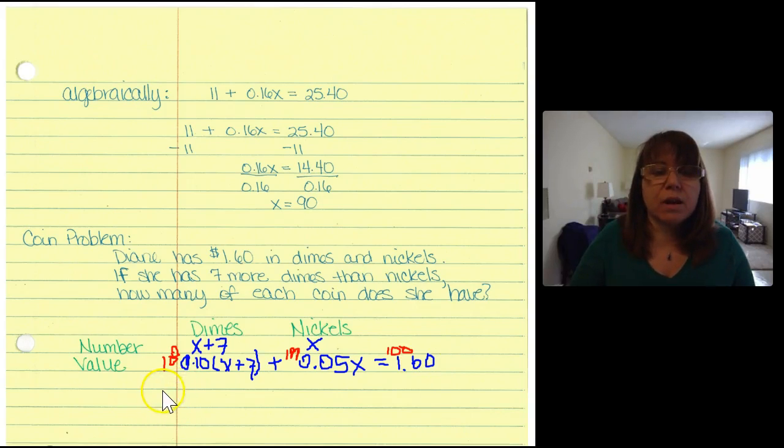So I have now 10 times X plus 7 plus 5 times X, oh, that was a really bad X, sorry about that, equals 160.